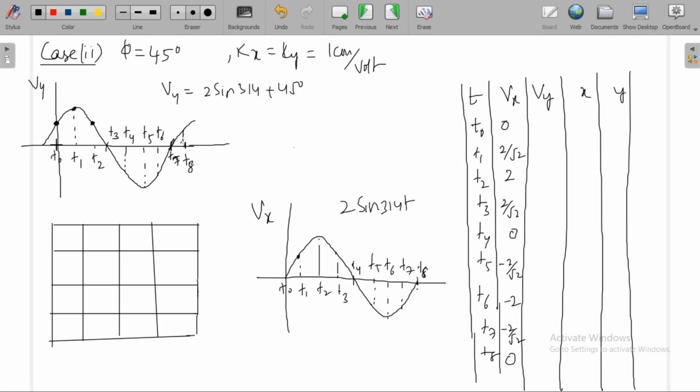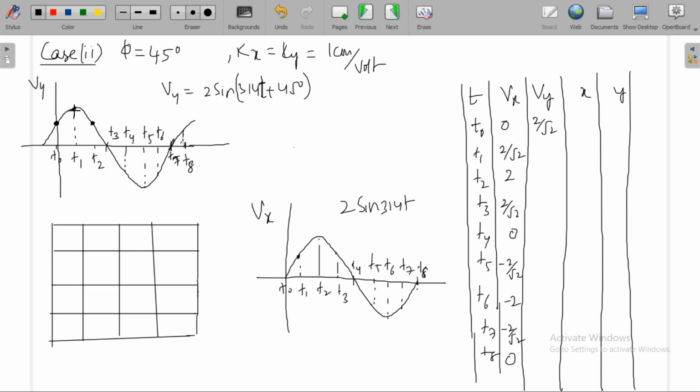Coming to this Vy, at T naught, it is 2 into sine 45 degrees. Sorry, this is omega t plus 45. Right. At T naught, it is 2 into sine 45 degrees. Then Vy is equal to 2 sine of 314t plus 45 degrees, which is 2 by root 2.